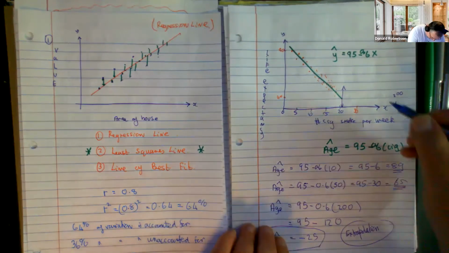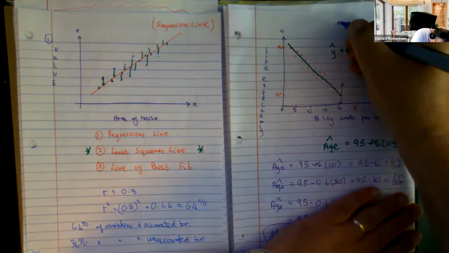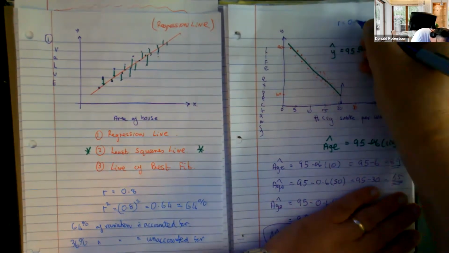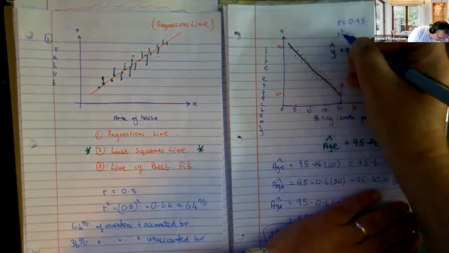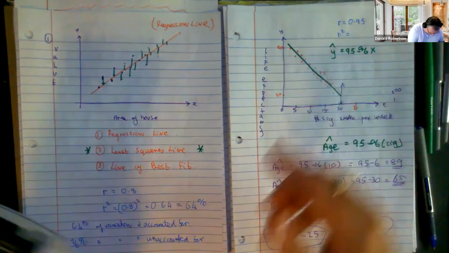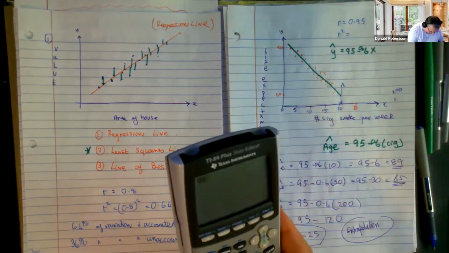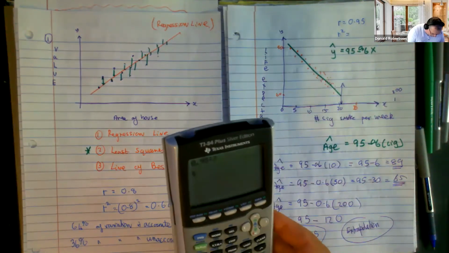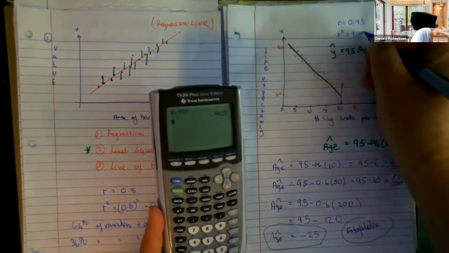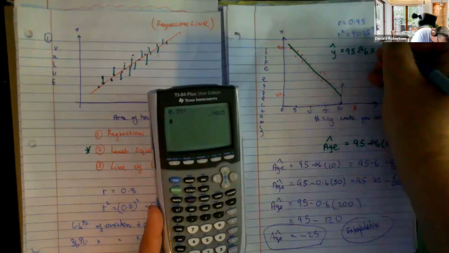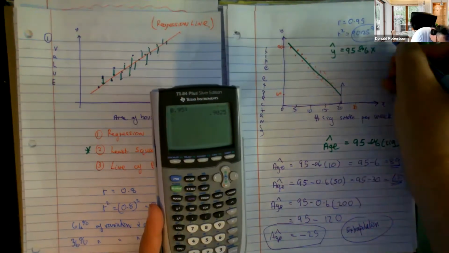If we pretend we did this one and the R value was 0.95, then the coefficient of determination, which is the fancy name for that guy, is 0.95 squared, which is 90.25% when you turn it into percentage. Let's just call it 90.